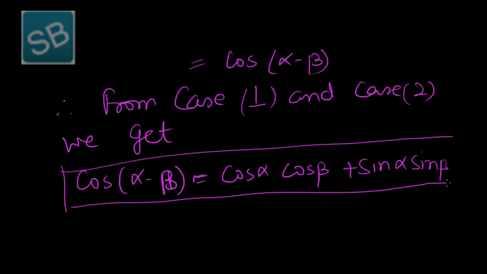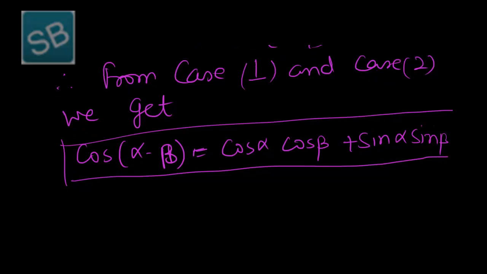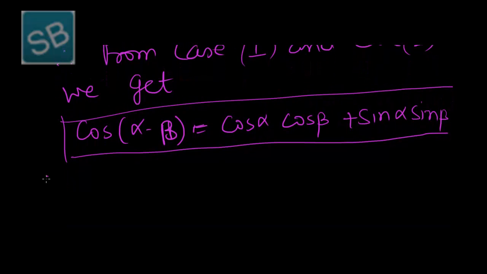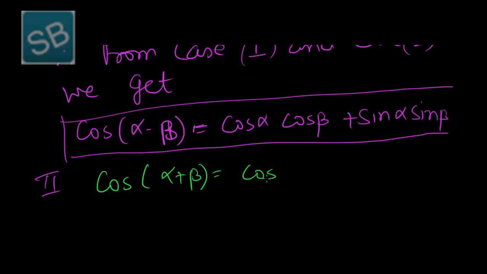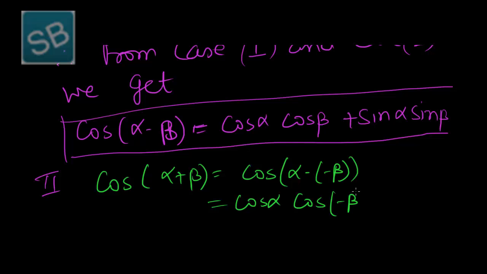Now we have to do the second part of the theorem, that is cos of alpha plus beta. That can be written as cos of alpha minus (minus beta). So it is a form of cos alpha minus beta. It becomes cos alpha into cos of minus beta, plus sin alpha into sin of minus beta.